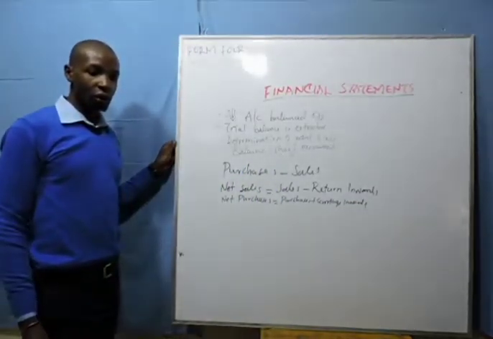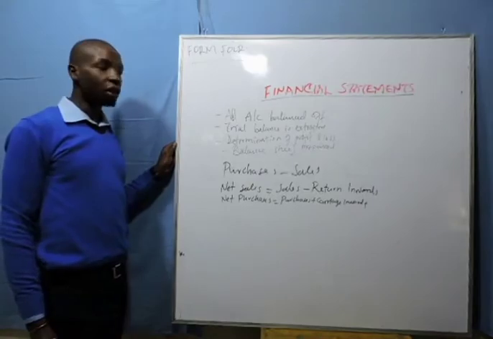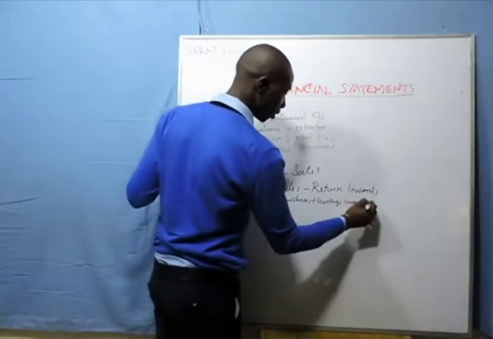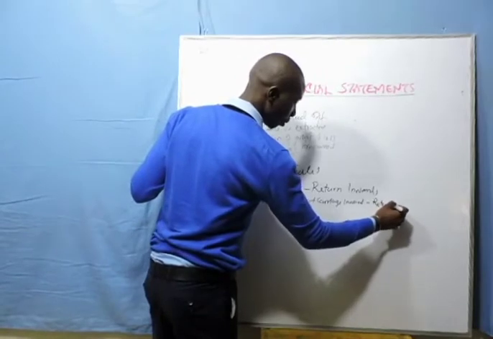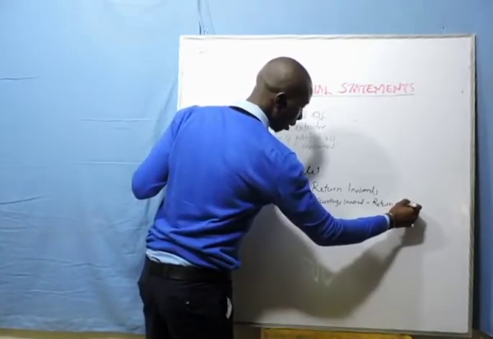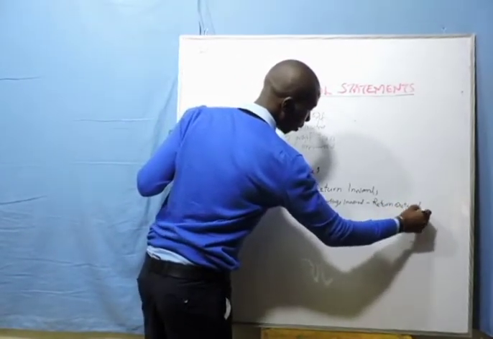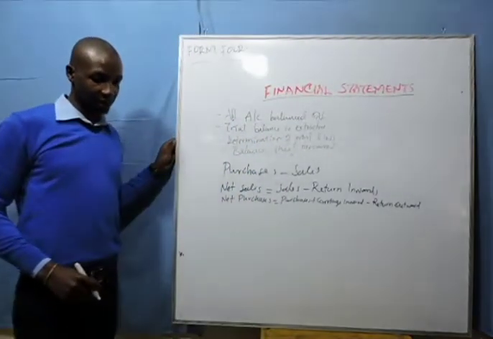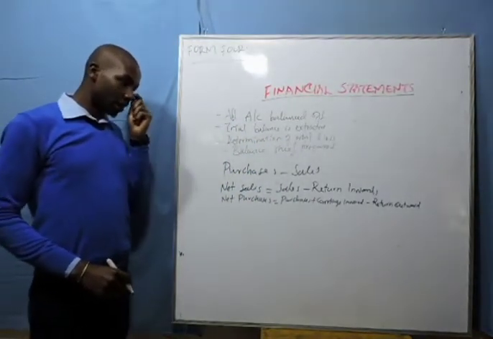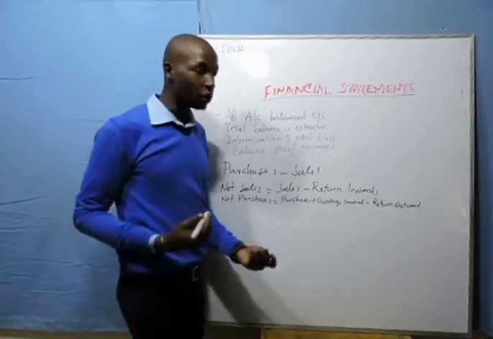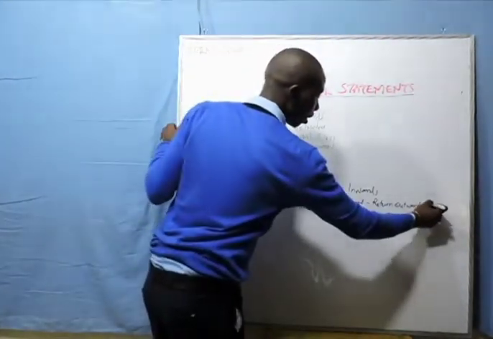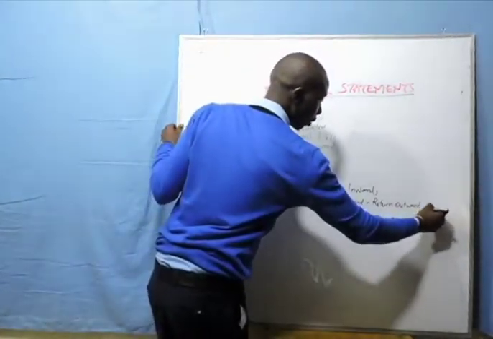Then you subtract return outwards. These are goods that you have returned to where you bought them because you don't need them. And then you may need to also remove goods that have been used by the owner, which we call drawings, so less drawings.